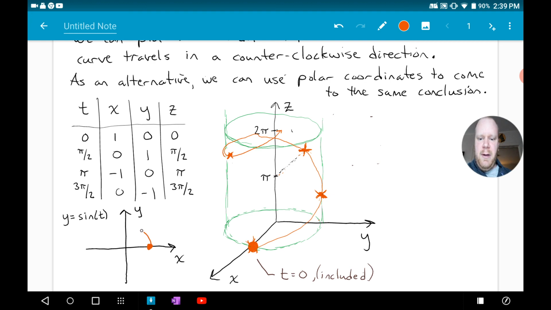So we're moving in this direction here. Again, plotting some points can help you with getting the general shape of the curve that you're going to be drawing, but it's much more consistent to think about what a very, very small change in your x or y or z is going to produce in this curve. So using that argument, we can say that it's definitely going in this counterclockwise direction.